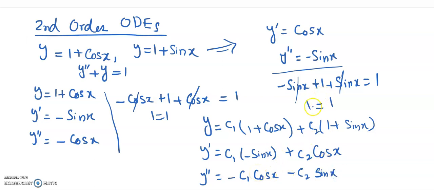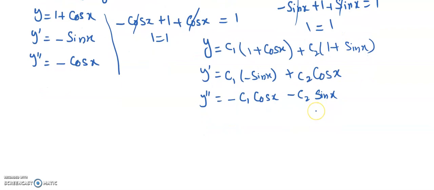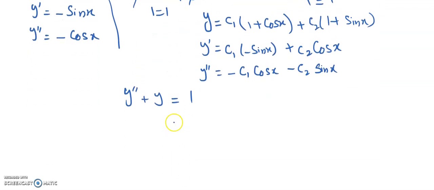Okay, so now I input these values. The differential equation was y double prime plus y is equal to 1. So I input the value of y double prime, so minus C1 cosine of x minus C2 sine of x.